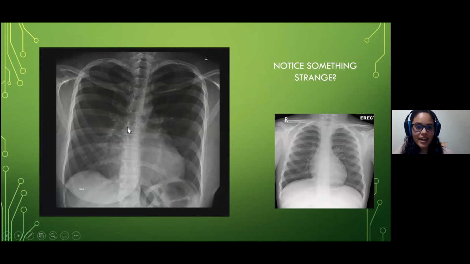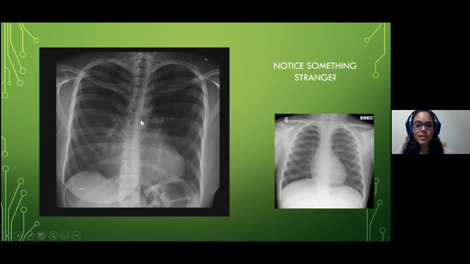But then when we were talking about the right border of the heart, I was like, is there something there? Because I cannot pick up the right border. And also the posterior ribs are more horizontal than normal, where they are more diagonal.